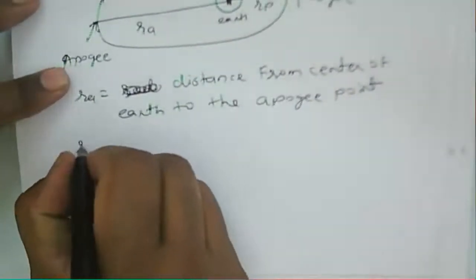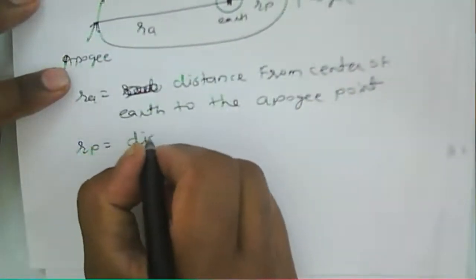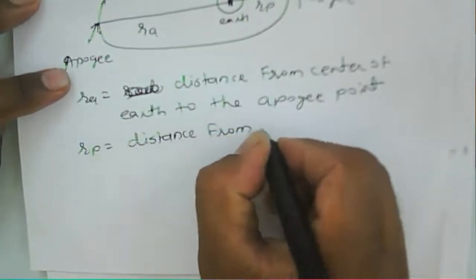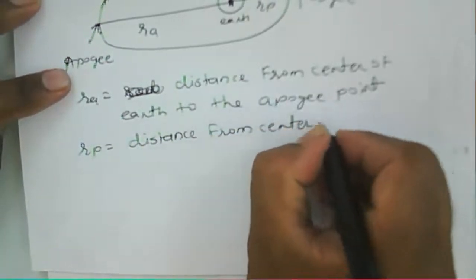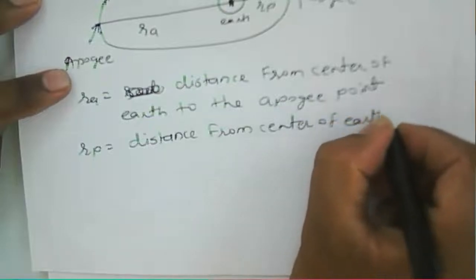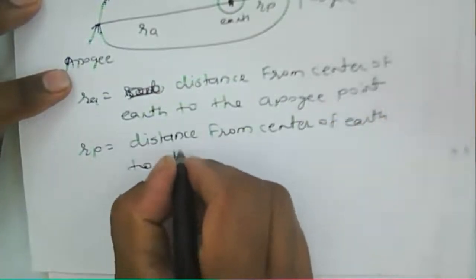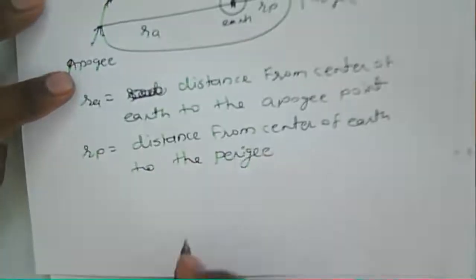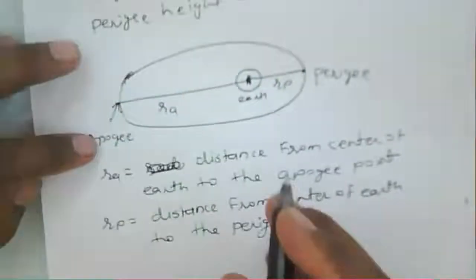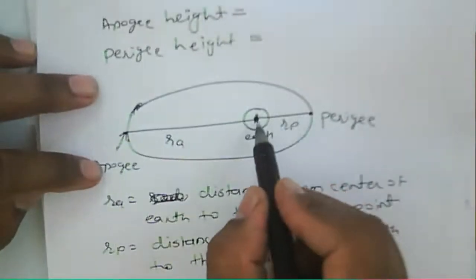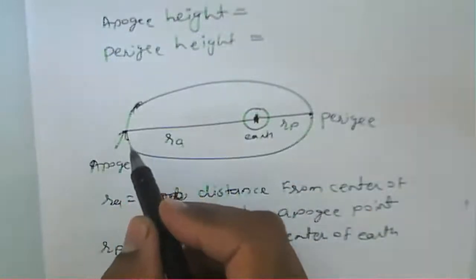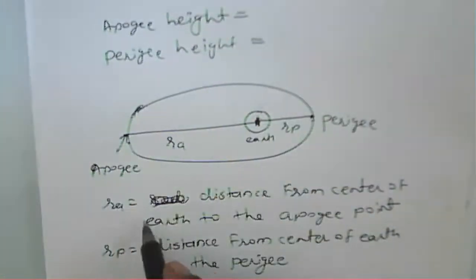Similarly, this RP is nothing but a distance from the center of earth to the perigee. Now this distance, from the center of the earth to the perigee, we can say is the perigee distance.